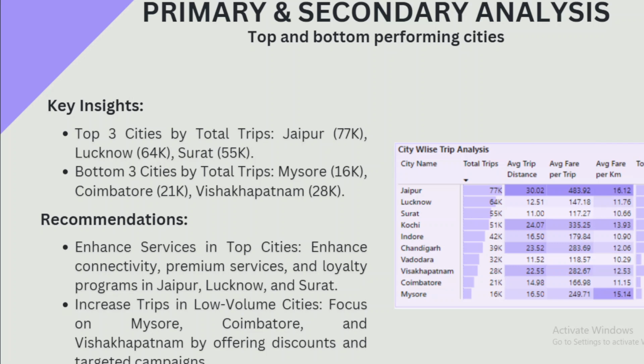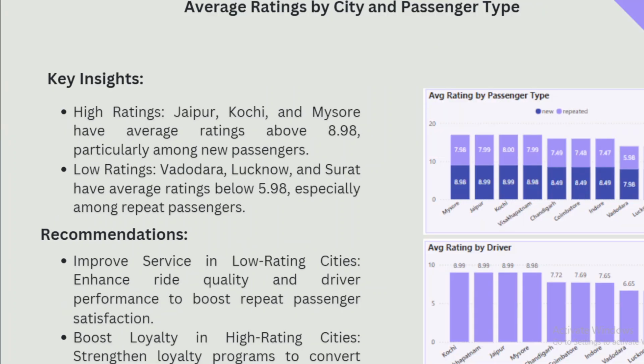So we have to focus on the lowest performing cities by increasing the loyalty program and some connectivity service, and we have to try to retain the passengers in Jaipur and the highest performing cities so that it will benefit our services.